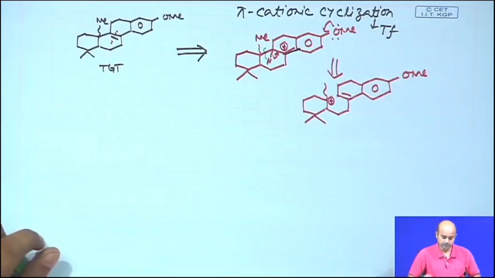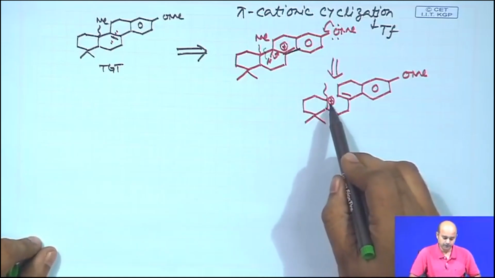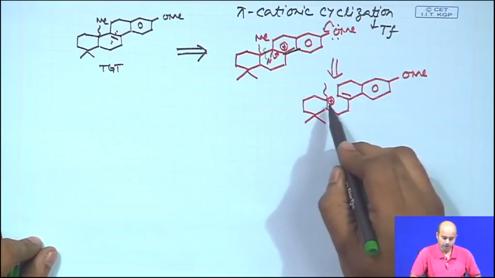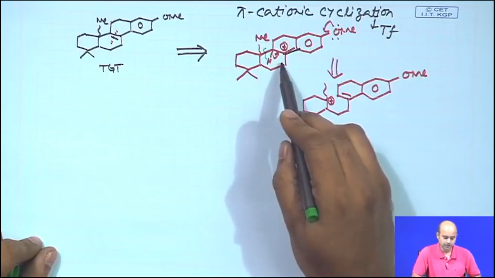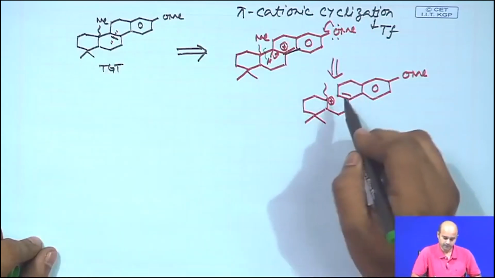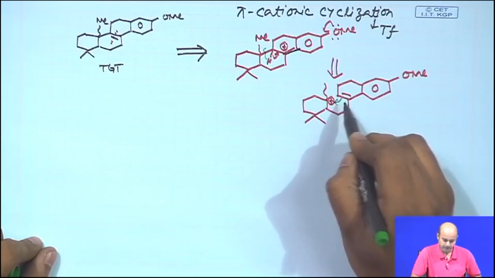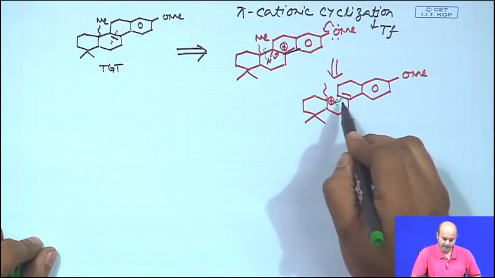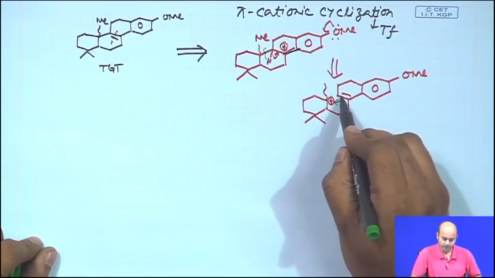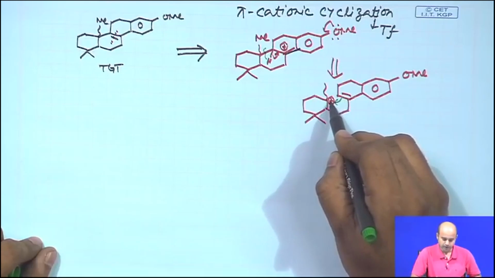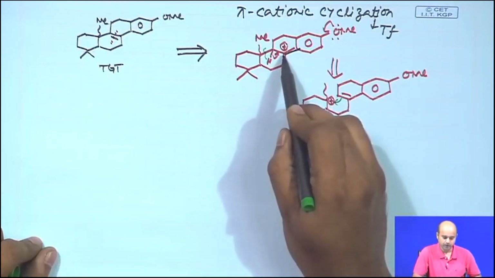Now, what is the driving force? The driving force is a tertiary carbocation. Now, how will this tertiary carbocation lead to this target? This pi bond will undergo cyclization, because the pi bond is electron rich, and once this pi bond pushes its electrons to quench this carbocation, you get this carbocation.